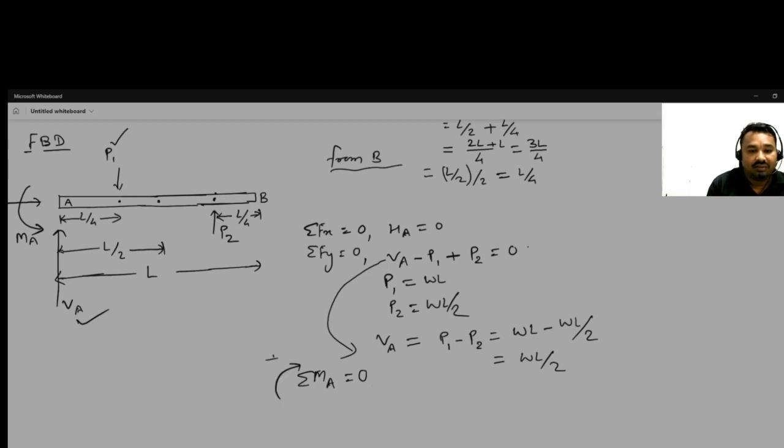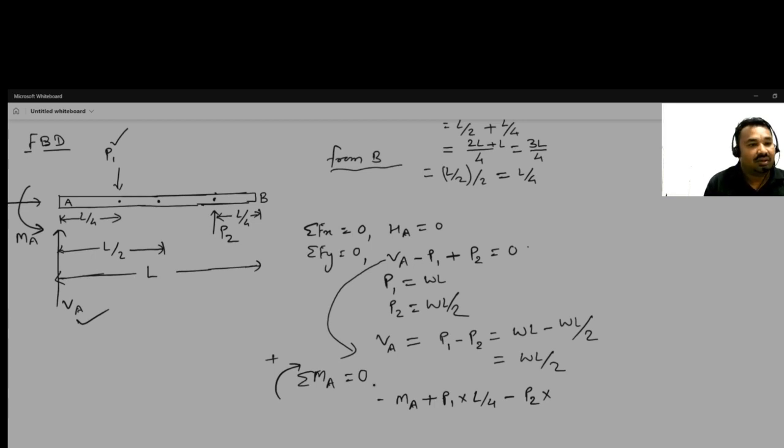We are taking this positive, so MA is acting anti-clockwise, and P1 is acting clockwise, so plus P1 multiplied by L by 4, and P2 with minus sign, multiplied by the distance.